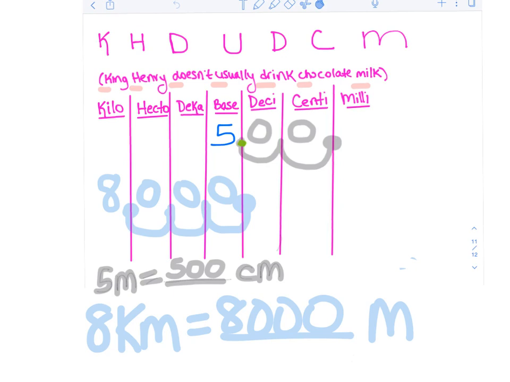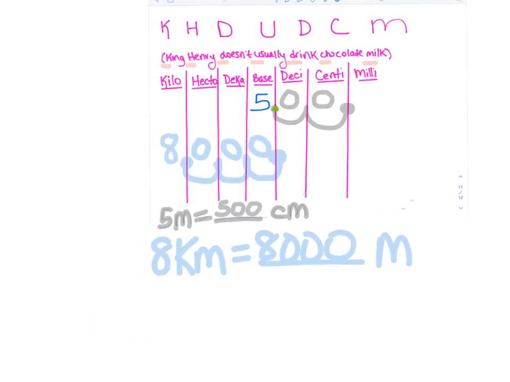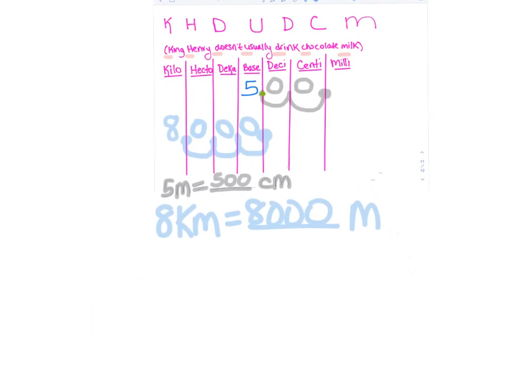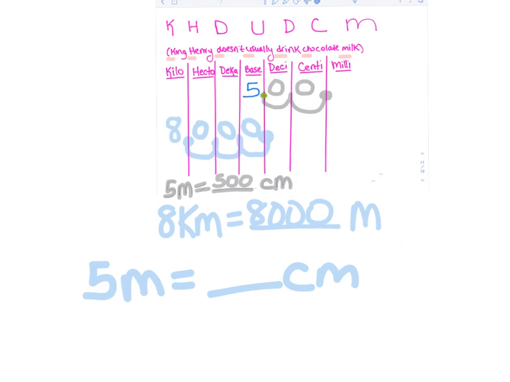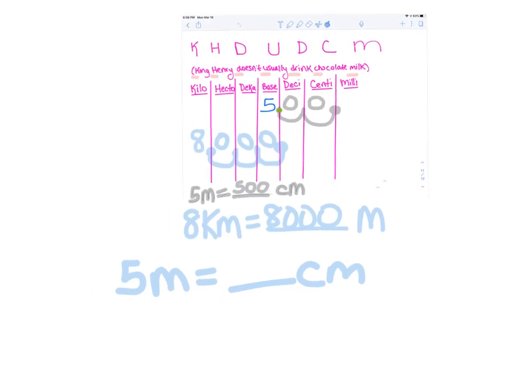Now I do want to show you something else here. For both of those examples, going back to 5 meters equals blank centimeters, back to the first example, I know that there are 100 centimeters in a meter.